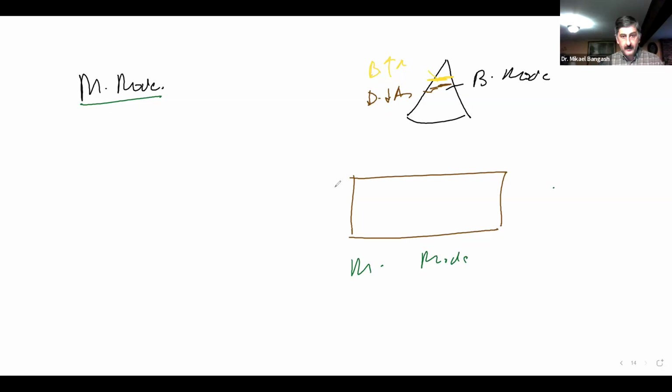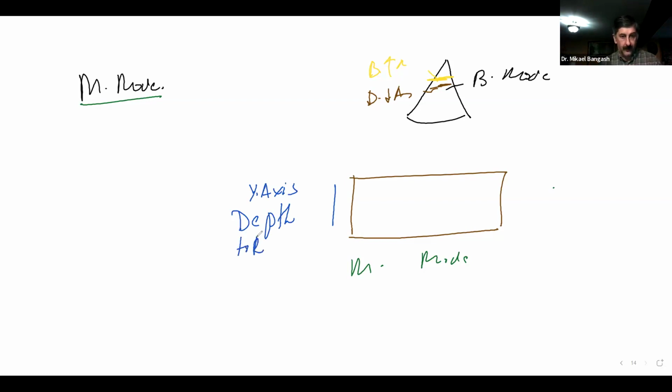Because the y-axis is going to be depth, or we can say the depth to the reflector.